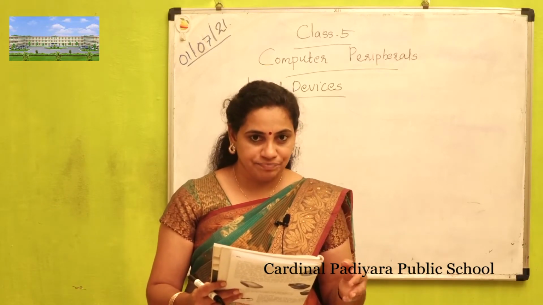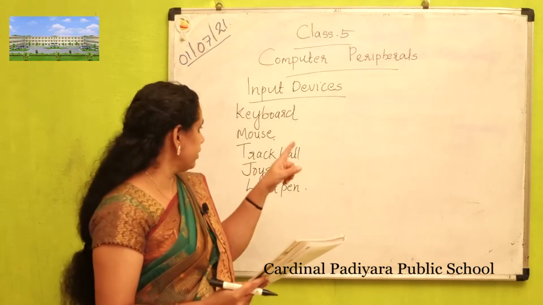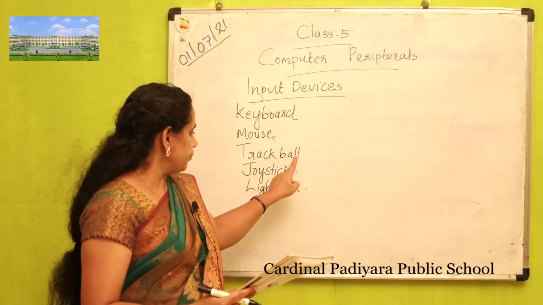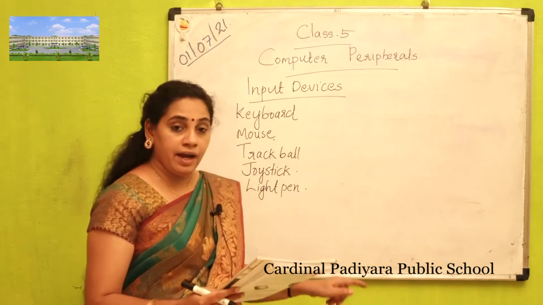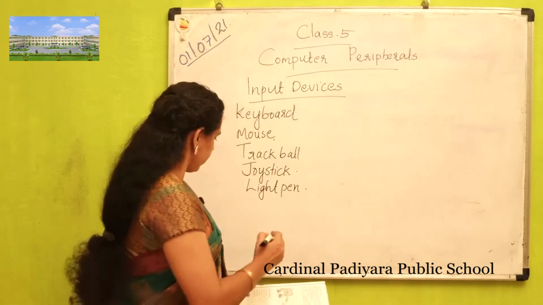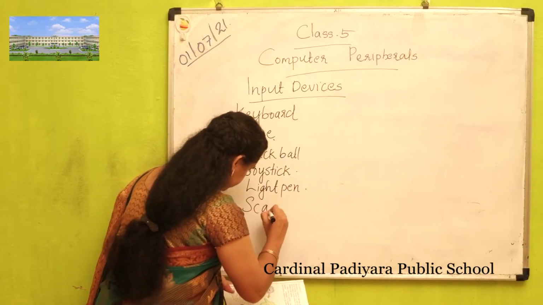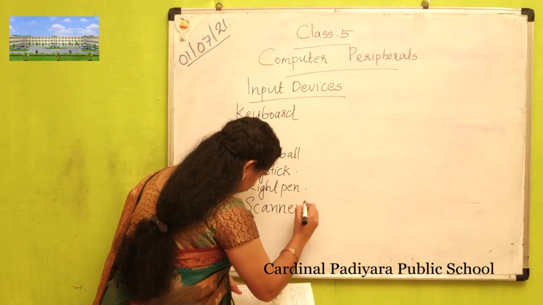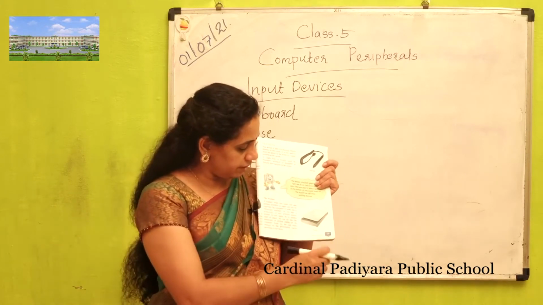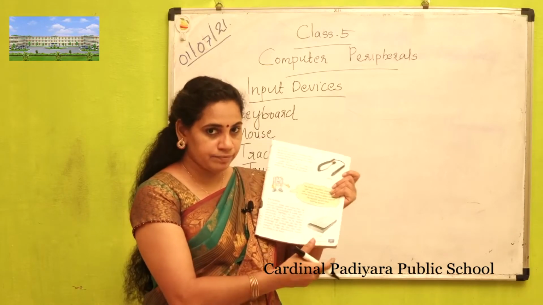These are the input devices: keyboard, mouse, trackball, joystick, light pen, and another important input device is scanner. In your textbook, page number 17, this is the scanner.